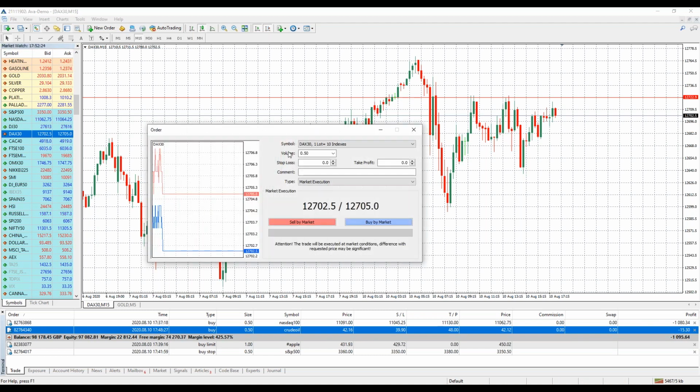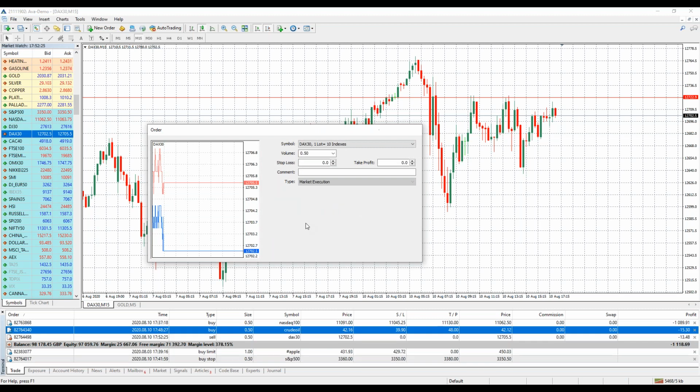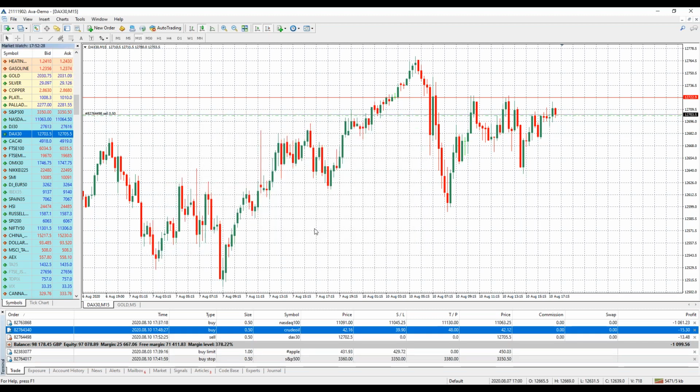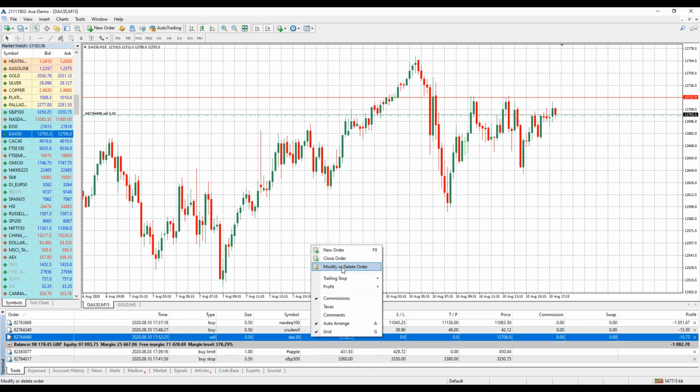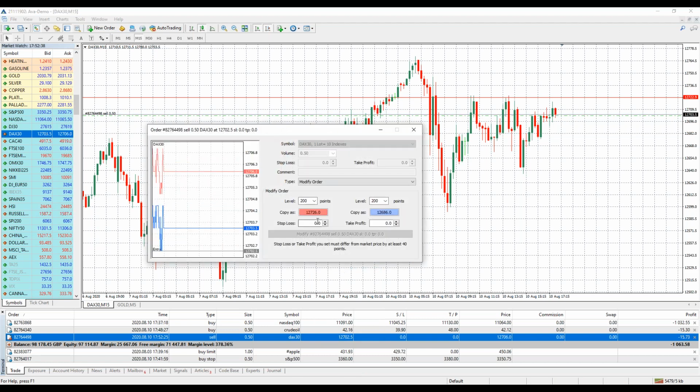So we go technical, sell on the DAX. We put our stop loss just above the resistance, 12,735 maybe. Potential take profit down here, maybe 12,650.